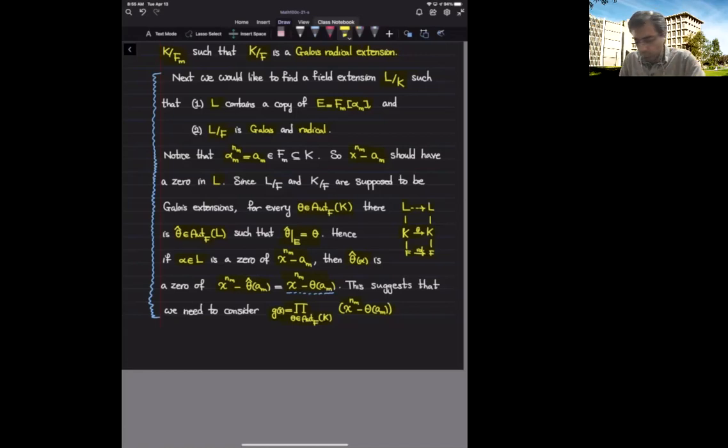So that's why we end up considering the polynomial G, that's the product of x to the power n minus theta of a, as theta ranges over automorphisms of K over F. Okay, so now this is the backward arguing part of the proof. Let's go to the proof.